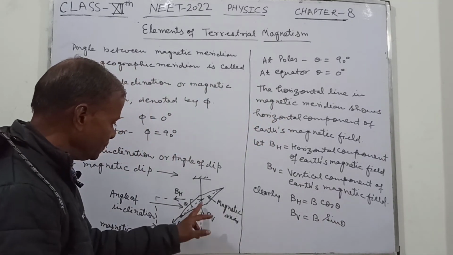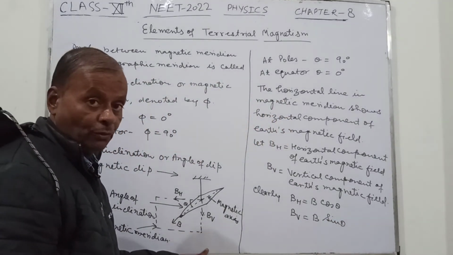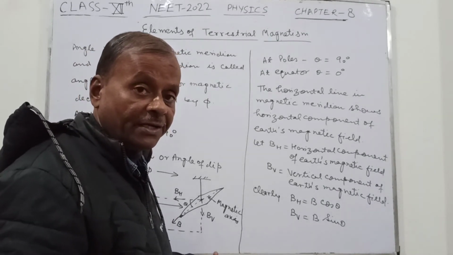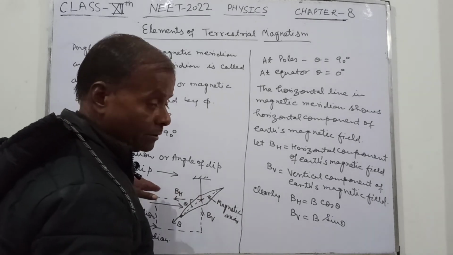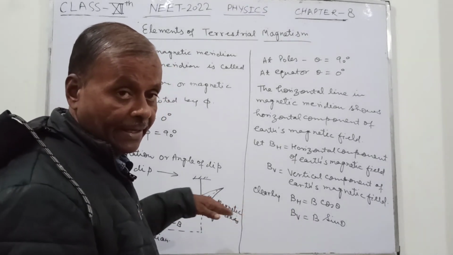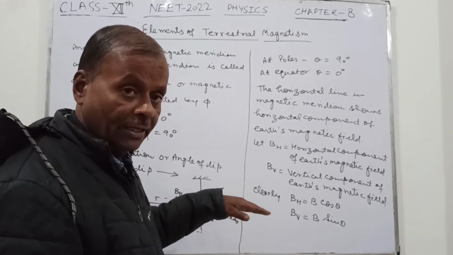This is the vertical component. So at the poles the magnetic field is vertically downward, and at the equator it is along the equator.